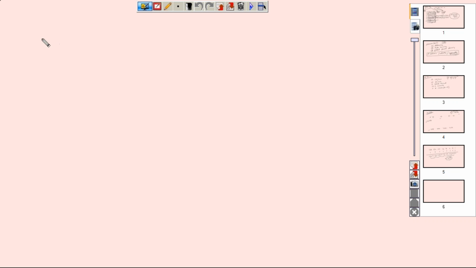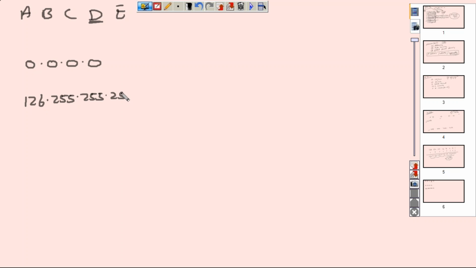Namely, we have classes A, B, C, used to be called D but now it's called something else, and E. So if you look at it, any address starting from all the way to 126.255.255.255, that is called which range?